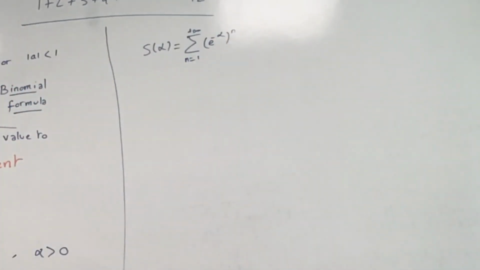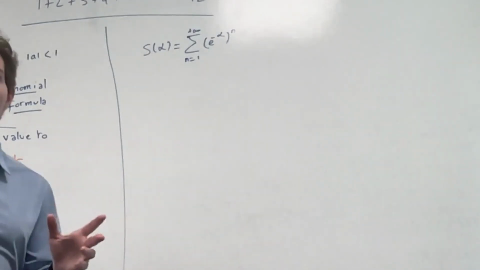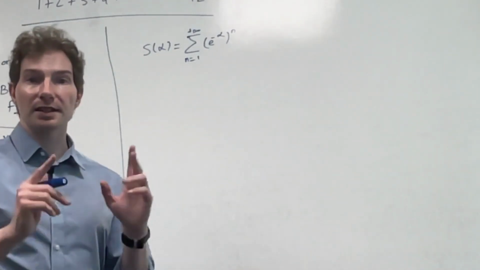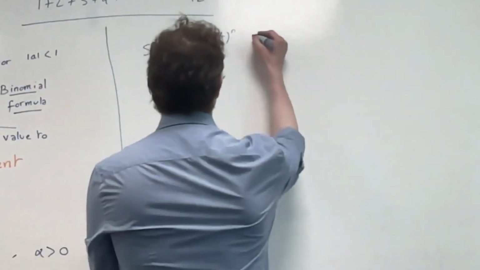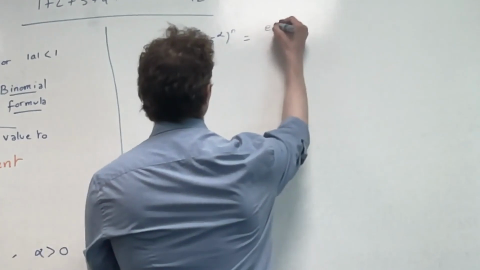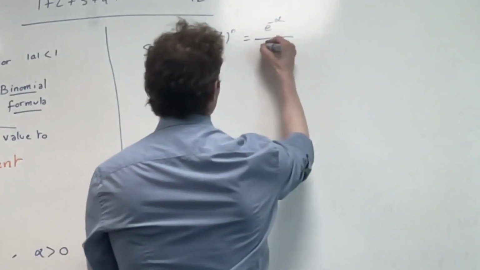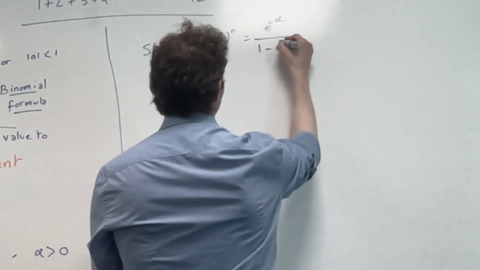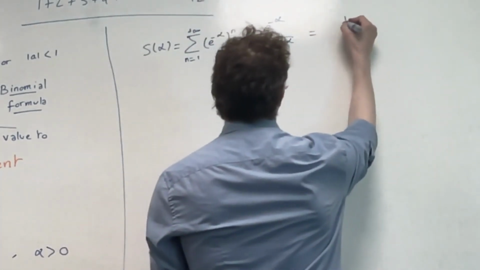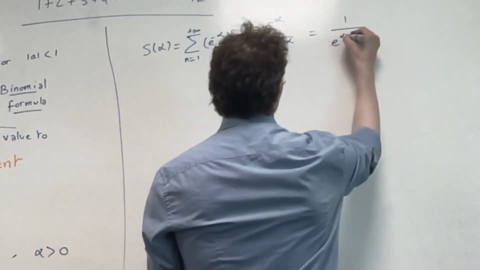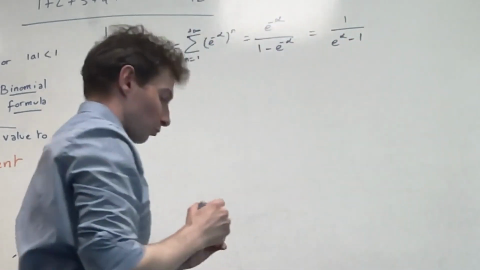And what we see is that this has exactly the same form as the one we've seen earlier, the sum of a to the power n. Therefore, I can write that this is equal to exponential minus alpha divided by 1 minus exponential minus alpha. Otherwise, I can write this as 1 divided by exponential alpha minus 1.